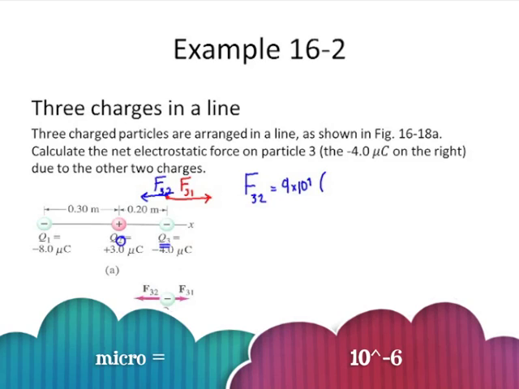Q3 is -4 microcoulombs, Q2 is +3 microcoulombs, and they're separated by a distance of 0.2 meters, and I know that distance is squared.